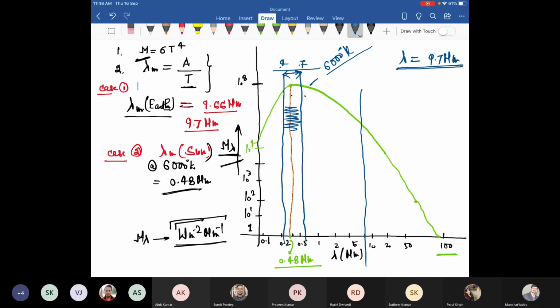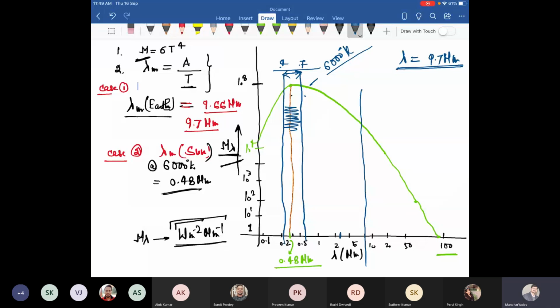Correct? Now we'll see how the energy radiated from Earth varies with respect to change in wavelength. Temperature is fixed, that is 300 Kelvin. So Earth starts radiating energy at this particular junction over here. And I think this dividing line is 3 micrometer.